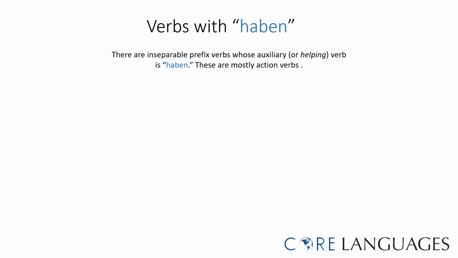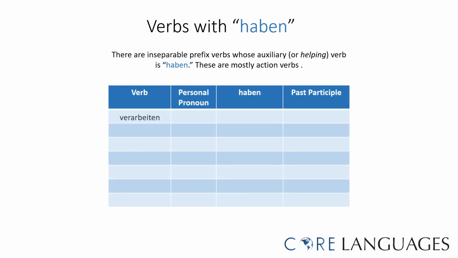Here are some examples of inseparable prefix verbs that use haben to form the present perfect. Verarbeiten, to process. Ich habe verarbeitet. I have processed. Entspannen, to relax.